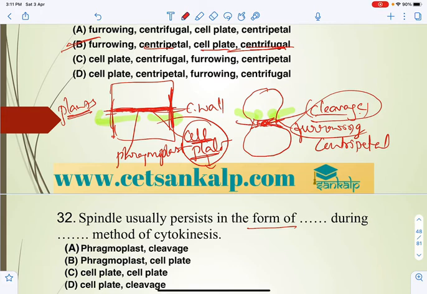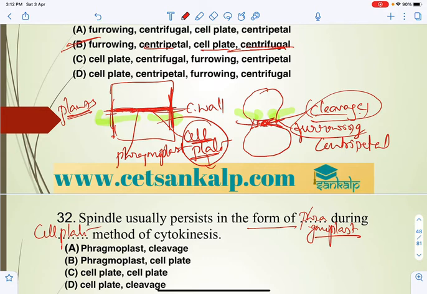So what is the phragmoplast? If they ask, the phragmoplast forms during cytokinesis. What happens during cell plate formation?